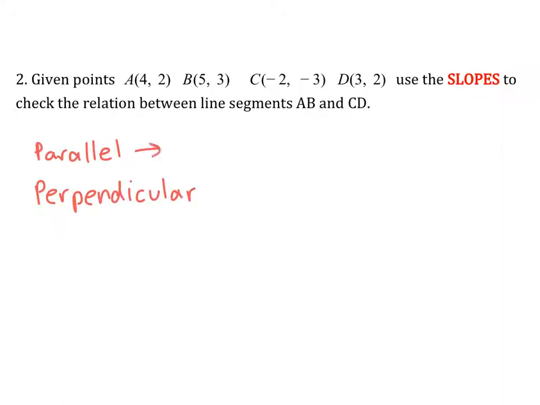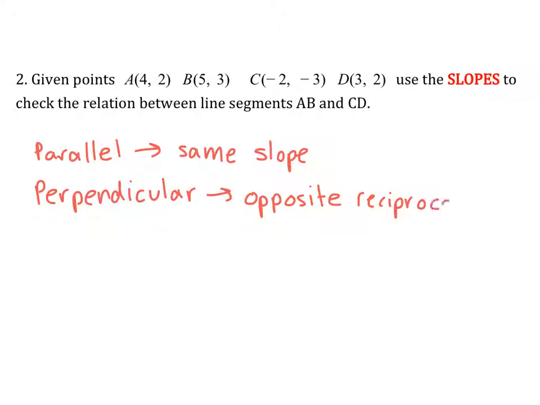So two lines are parallel if they have the same exact slope, and two lines are perpendicular if they have opposite reciprocal slopes. And of course, opposite meaning one is positive, one is negative, and then reciprocal meaning your numerator and denominator are flipped.